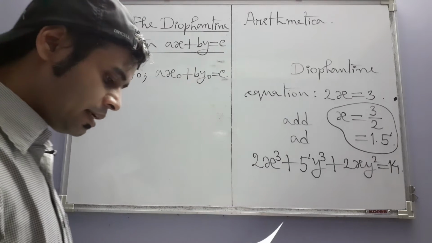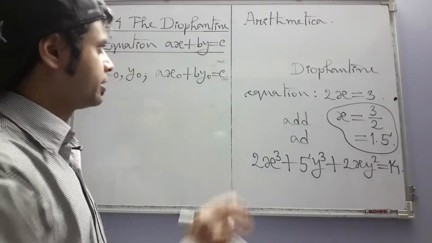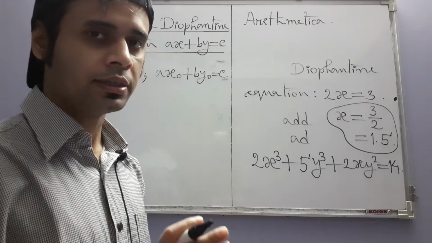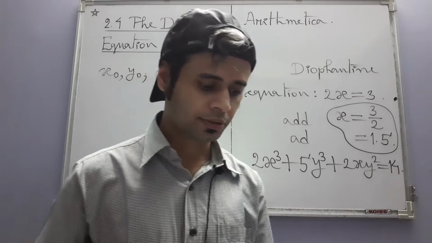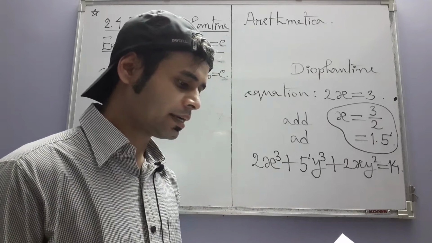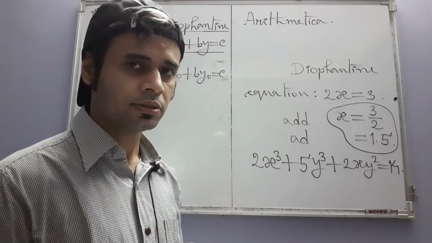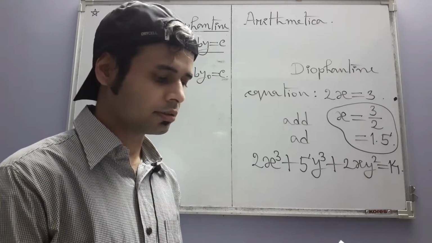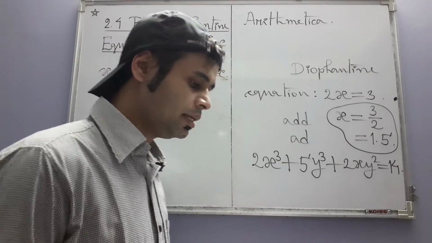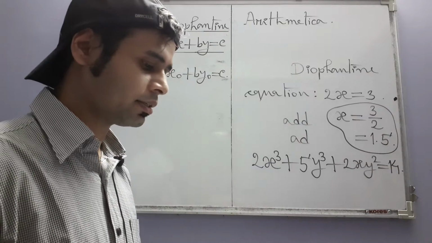Now, curiously enough, the linear equation, that is this type of Diophantine equations, actually does not occur in the works of Diophantus. It does not appear in the extant works of Diophantus, that is those 6 books which have been preserved.